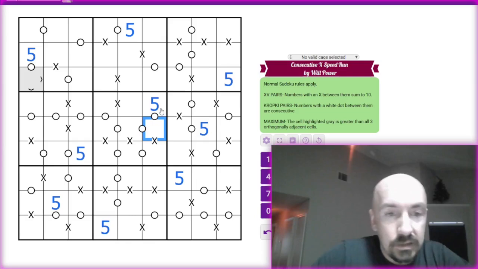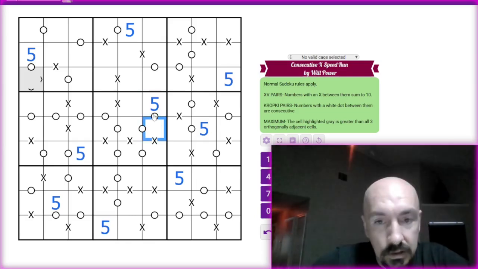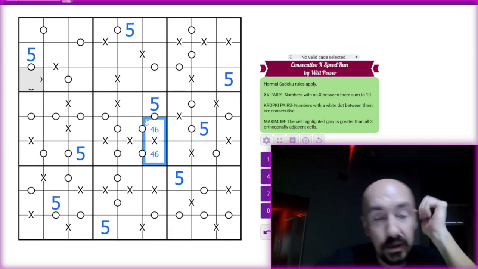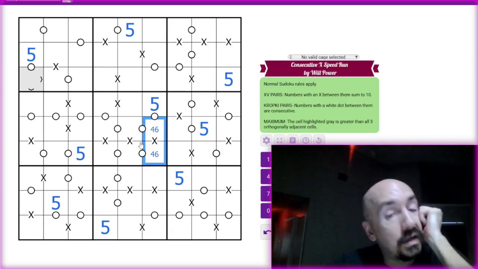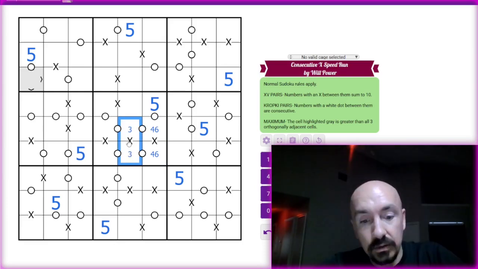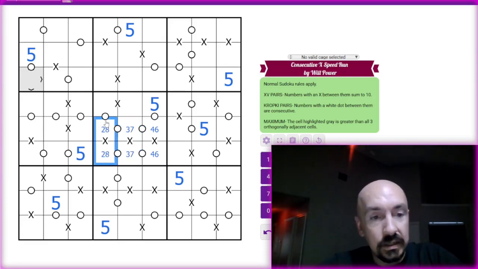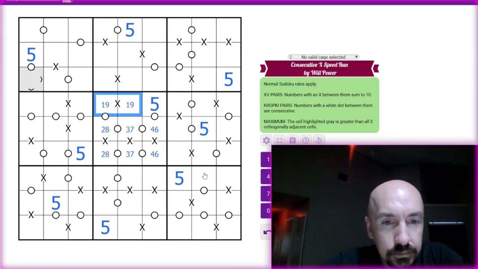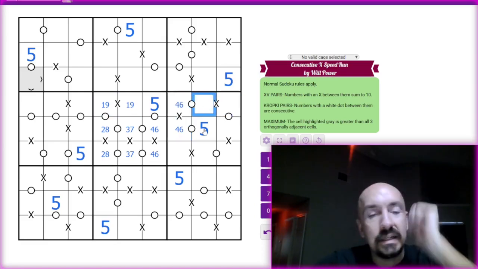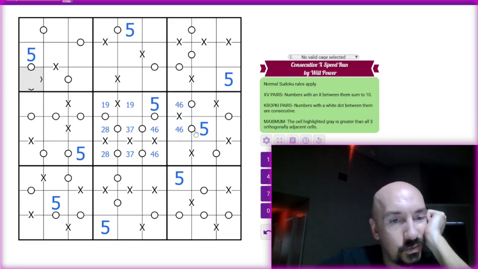So then we know that adjacent or consecutive to a 5 is either 4 or 6, and 4 or 6 is paired on an X. So then this is going to be a 3, 7 pair. So it puts this as a 2, 8. So then this is going to be a 1, 9. Similarly, this is a 4, 6. I don't know if that's what that is yet.